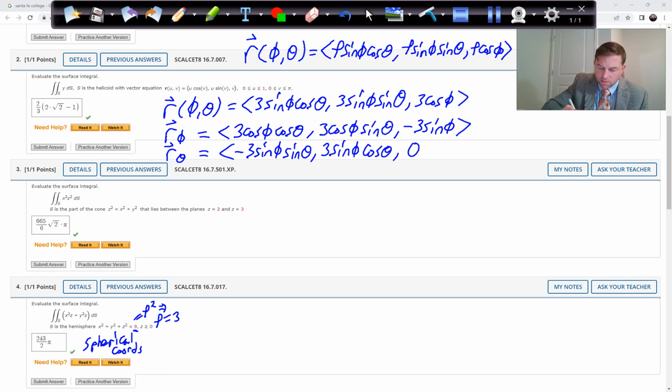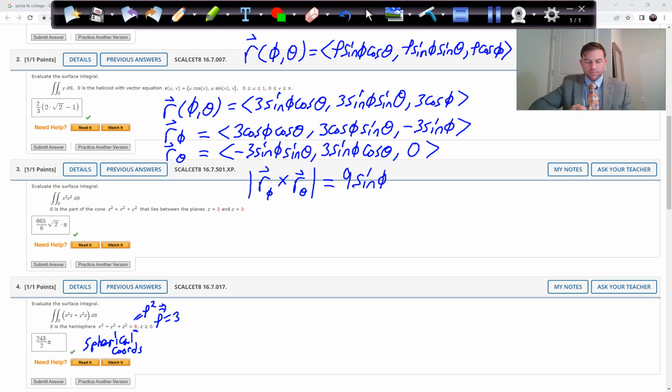And this one's 0, so the partial derivative with respect to theta of the last term is just 0. And then we're going to take their cross product and take their magnitude. I'm kind of skipping a few steps here, but you should get, for this problem, 9 sine phi for my numbers.